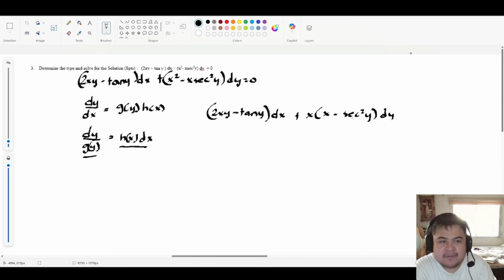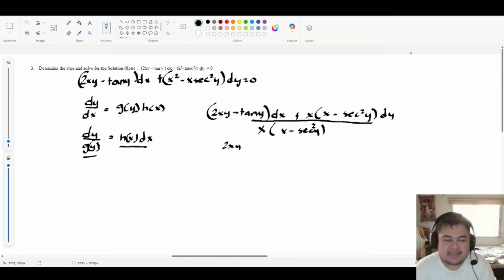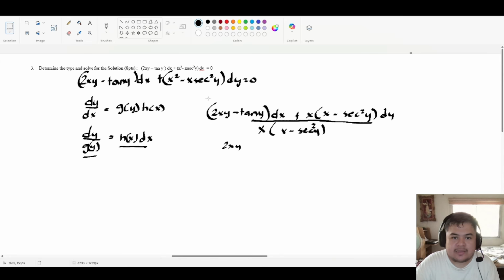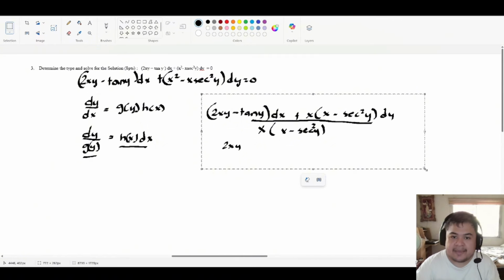It's an elementary high school algebra process. We cannot simply divide the equation by x secant squared. We may have x on the left side, but there is still y on the right side. Okay? So this equation is not separable.